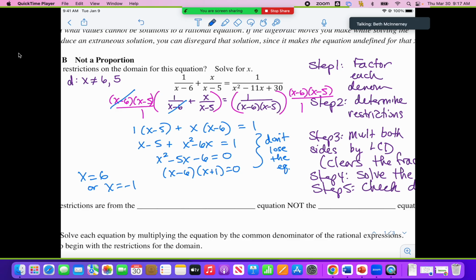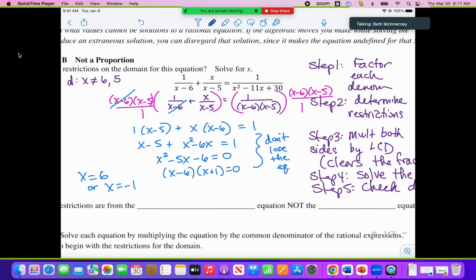Uh-oh, what's our problem? Good job, good job. There's already a restriction that x can't be 6. So Gabe, why can't x be 6? That's one of the domain restrictions. Okay, but why is it the domain restriction? Like, what would happen if I plug 6 into the original equation?